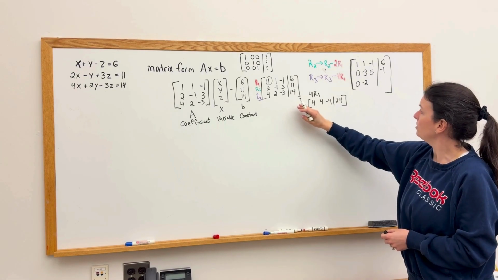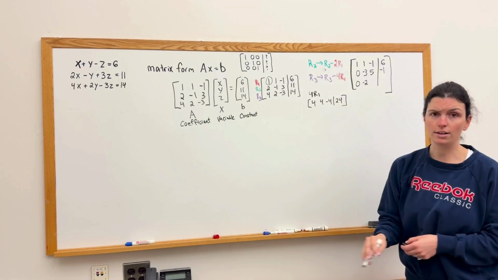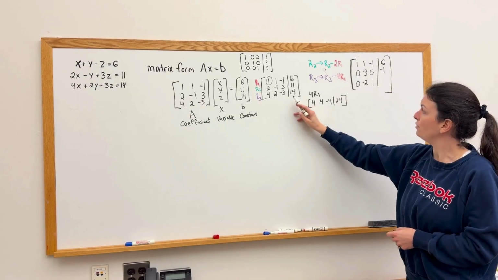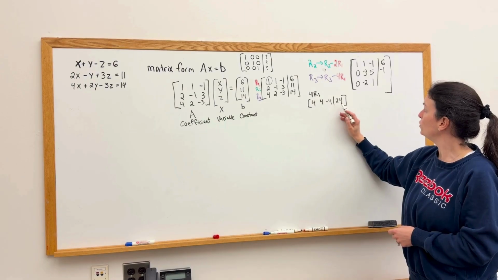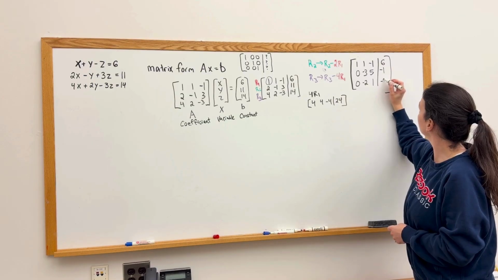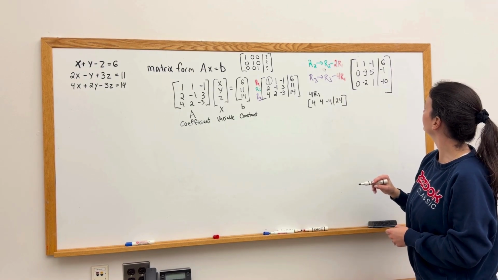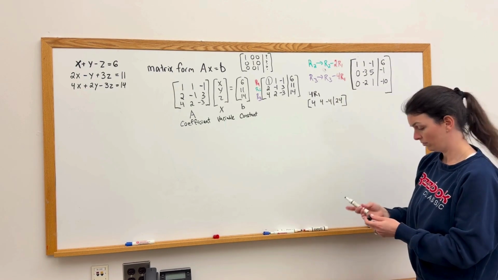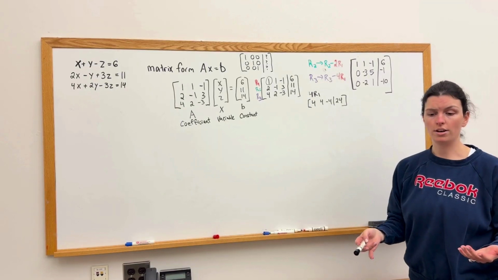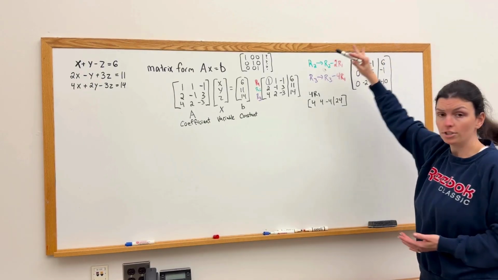Negative 3 minus negative 4 is negative 3 plus 4, which is positive 1. And then 14 minus 24 is negative 10. Cool, so we've done these two transformations, and now everything below our first pivot is 0: 1, 0, 0. So this first column is all set.